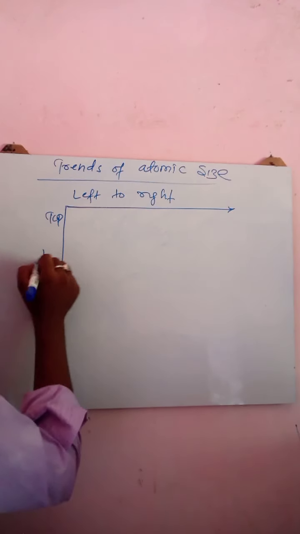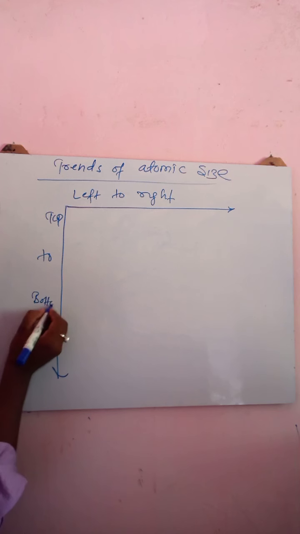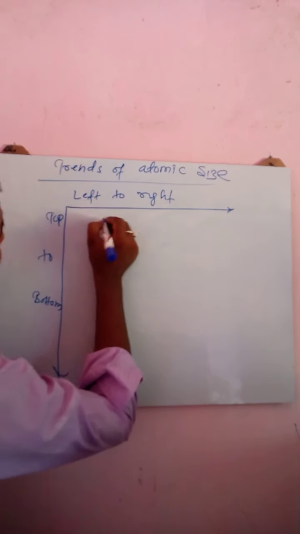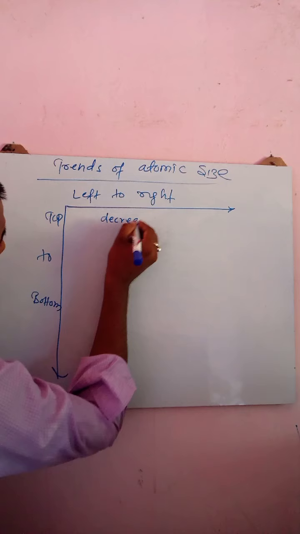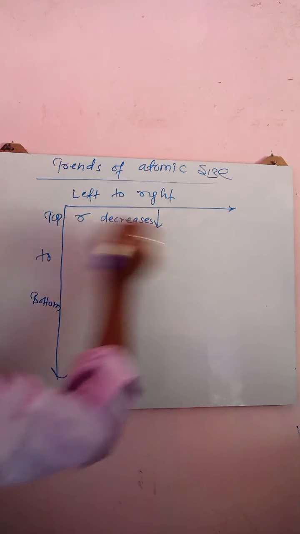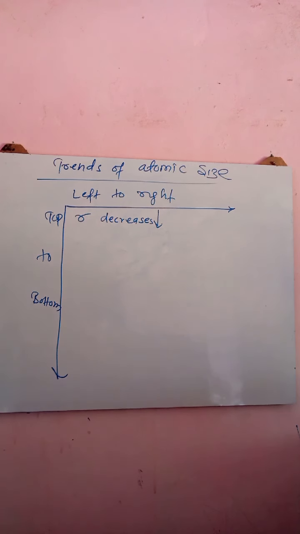When we move left to right in the periodic table, atomic size decreases. Atomic size r decreases. Why r decreases? Because r is dependent on nuclear charge.